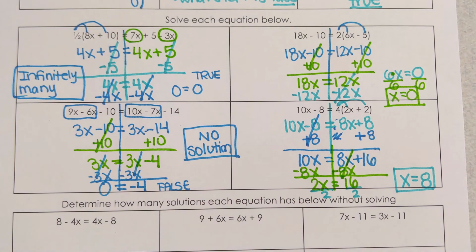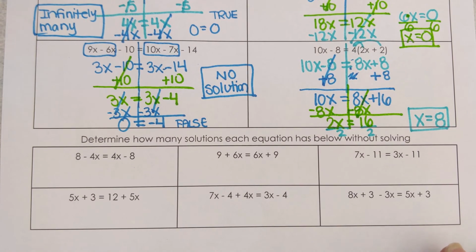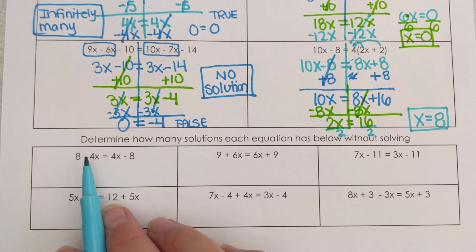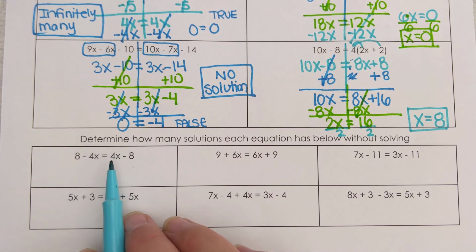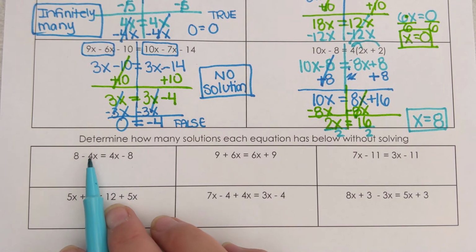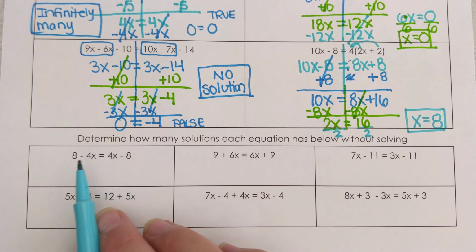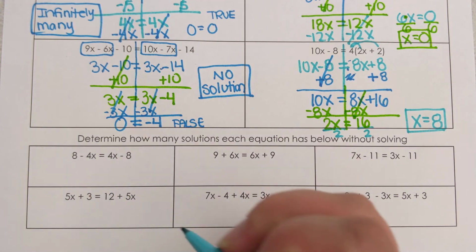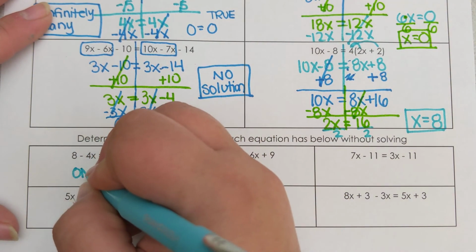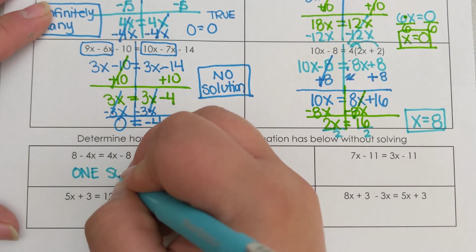All right. What we're going to do down here is use those key features to decide. So for instance, over here, I have negative 4x on this side and 4x on this side. Since that's not the same number of x's on both sides, they won't cancel out. So this one is going to have one solution.